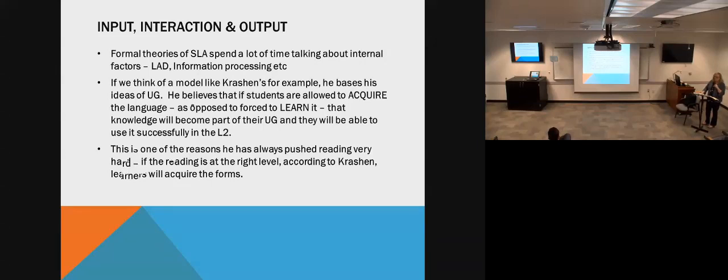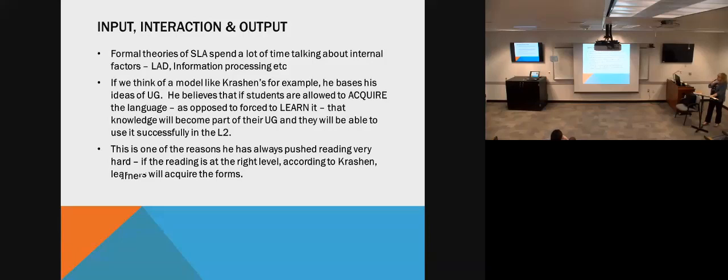Then we moved on to alternative internal processes, the ones we did last week: information processing, a more general, less nativist approach, but still focused on internal factors. And before that we looked at non-language factors, the individual differences, essentially your personality, your aptitude, and so on. So this part is about the idea of input and interaction, particularly in instructed learning.